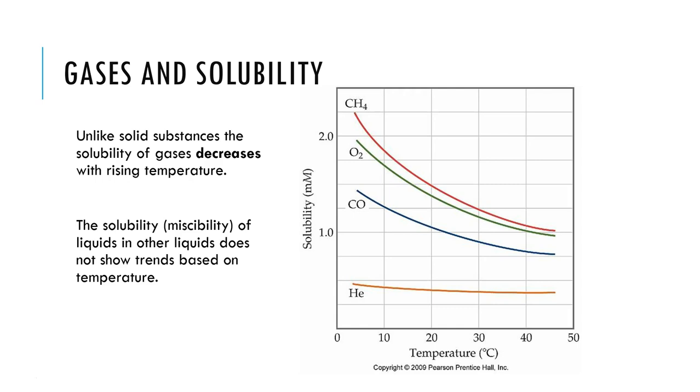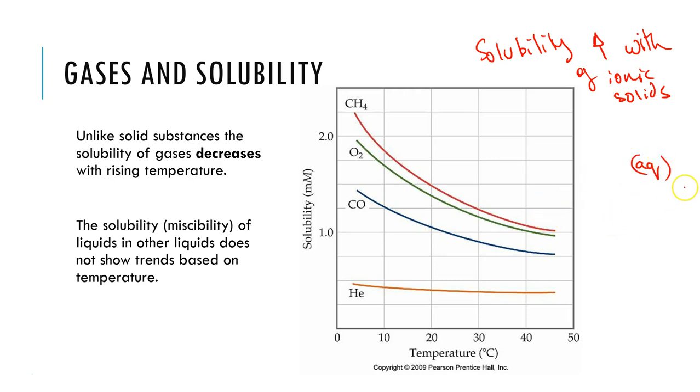So just a point on gases and solubilities. When we talked about the fact that solubility tends to increase with temperature, this is the solubility of ionic solids, or solids. Solubility increases with temperature. And that makes sense if you think about it, because an aqueous solution has a higher kinetic energy than a solid.